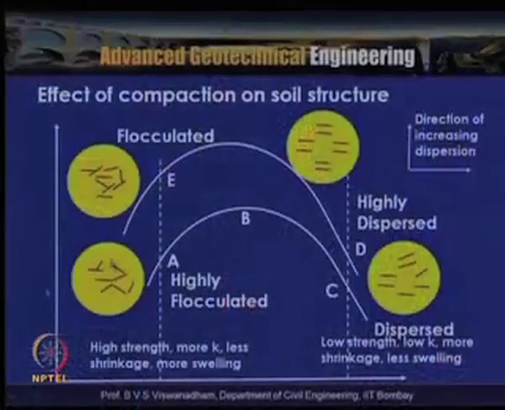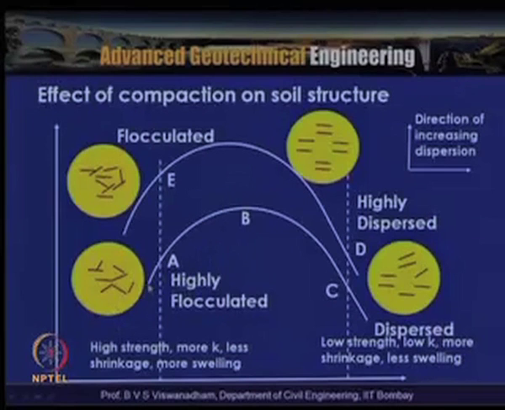As we discussed in the previous lecture, especially for fine grained soils, compaction depends particularly upon the soil structure, which changes from dry side of optimum to wet side of optimum. If you can see from this slide, this is for a light compaction and this is for modified compaction.